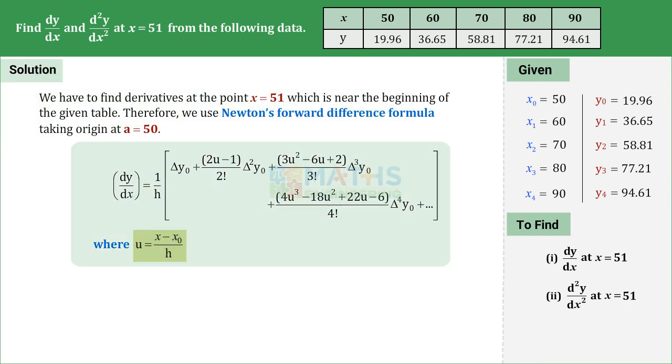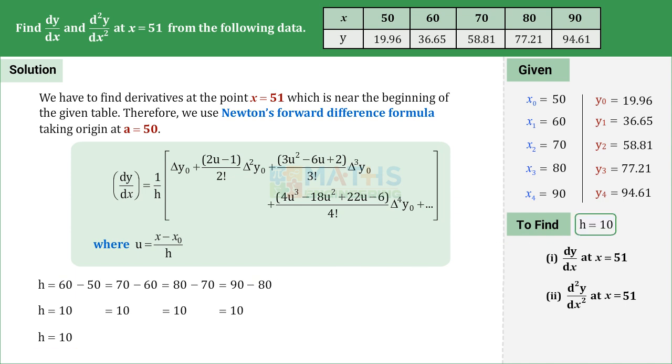What is u here? U is equal to x minus x0 by h. X is the given x value minus x0 is the first x value. What is h? H is the difference between successive x values. Here the difference is 10.